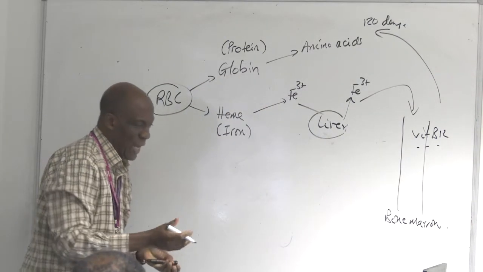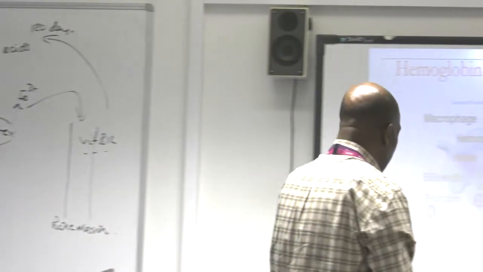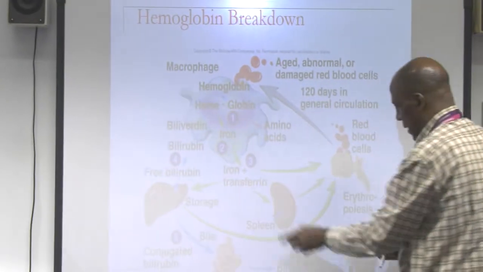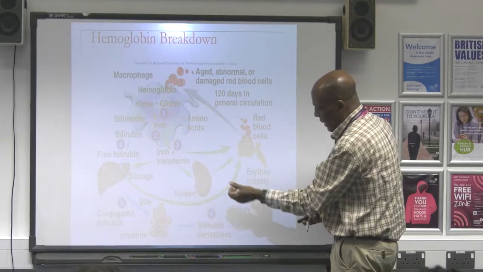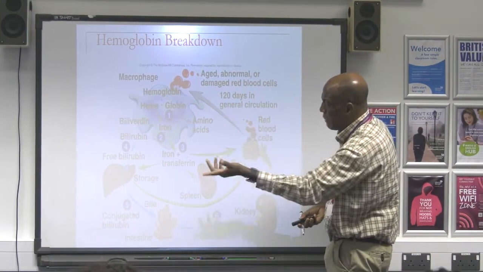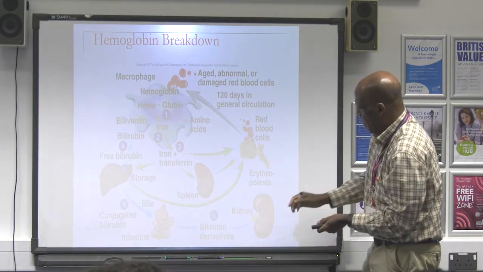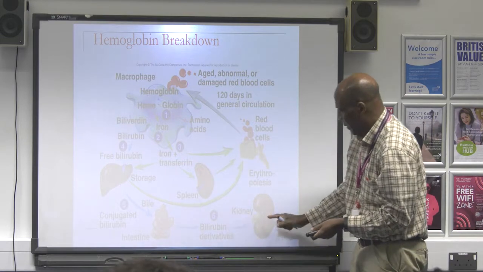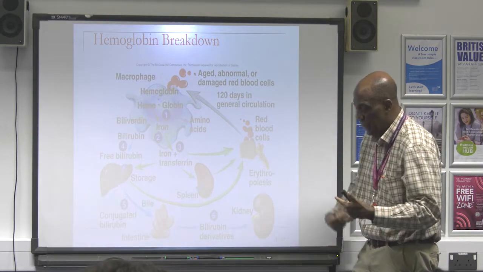Then the second part of the iron, if you look at this flow chart here, is the waste. The bit we have to really pick up is that it eventually comes out as bilirubin. Biliverdin, bilirubin, they're all there. I'll try to print this for you as well. Finally, it comes out as bilirubin, which goes through the kidneys, and then we excrete through the urine.